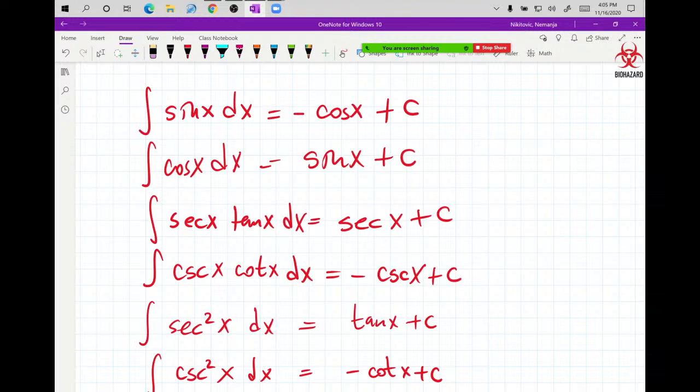Now, I can just say, because the derivative of secant x is secant x tangent x. So if I am running the derivative, I go this way, and if I am trying to do integration, I'm going the opposite way.